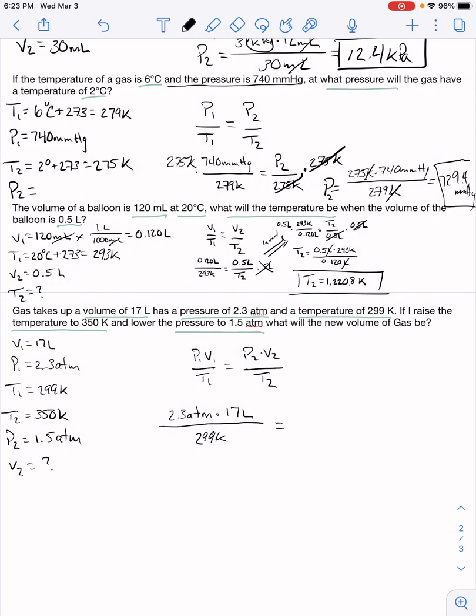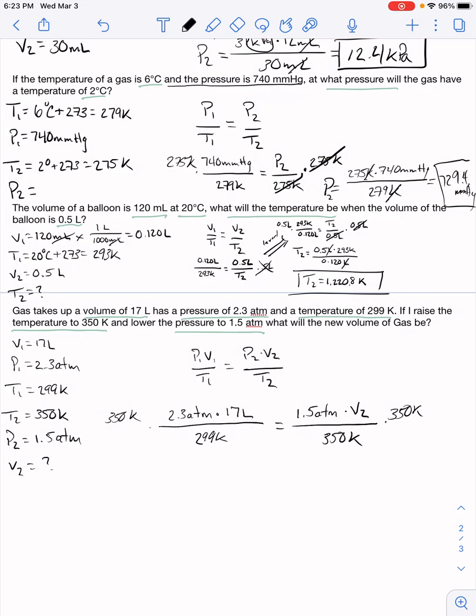Set that equal to pressure 2, which is 1.5 atmospheres, times my unknown, volume 2, and divide it by 350 Kelvin. So from here, I need to isolate it. I'm first going to choose to move 350 to the other side.